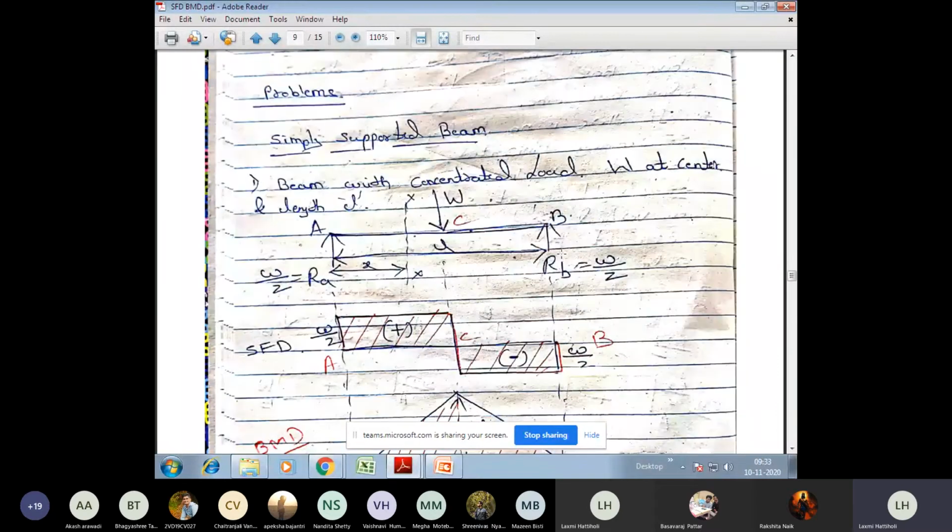Okay, so now once again, shear force at B, what is shear force at B? Just see the left portion. Don't consider this RB, just see the left portion. Left portion, how many forces you have? Plus RA minus W. What's the answer? Minus W by 2. So keep the same answer, minus W by 2 here.